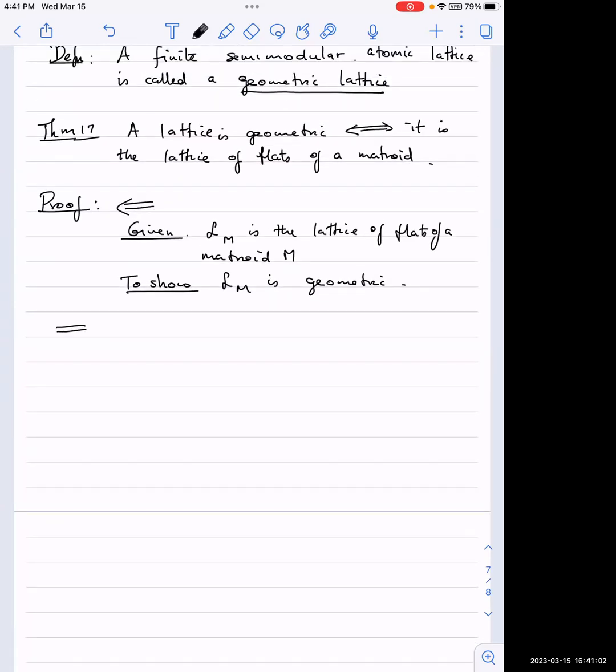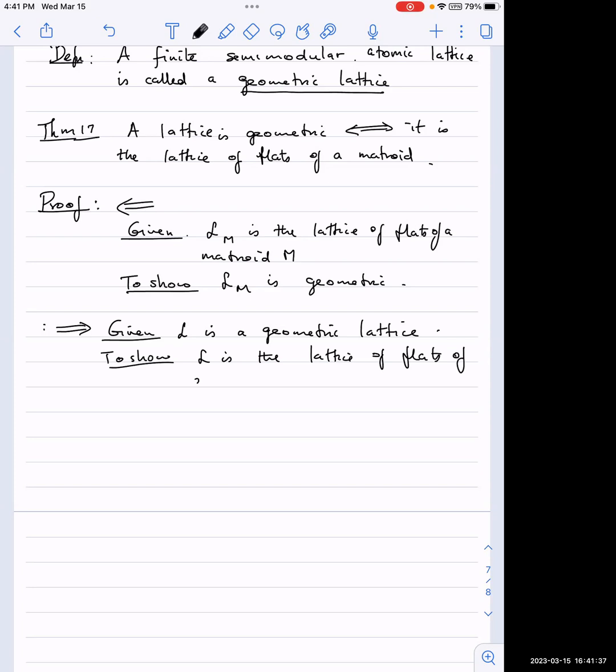And then the other direction, that is too much work and it's in the book. I'll just set it up. Given L is a geometric lattice, we want to show that L is the lattice of flats of a matroid.